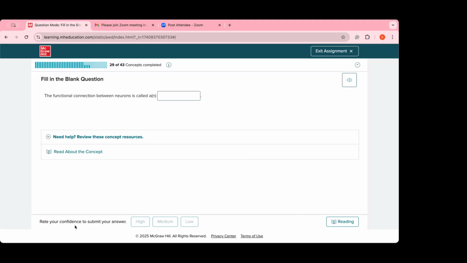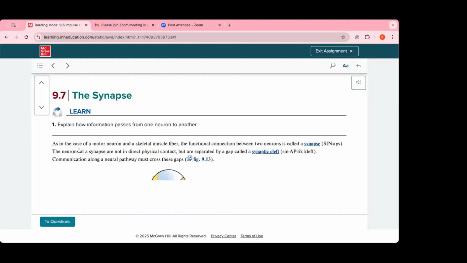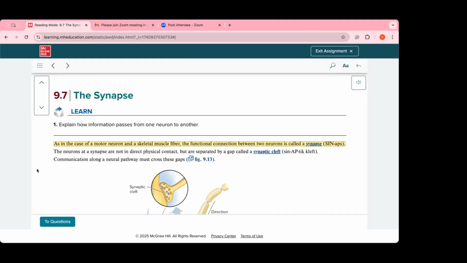I don't know that we've seen this word before, but I think that's what they're talking about. Let's read it. Yeah, it's a synapse. The neurons at a synapse are not in direct physical contact, but are separated by a gap called the synaptic cleft. Okay, synapse is the word we want there.